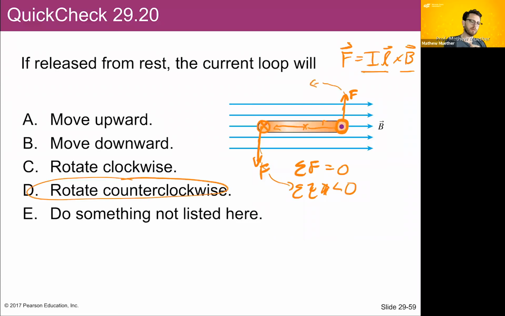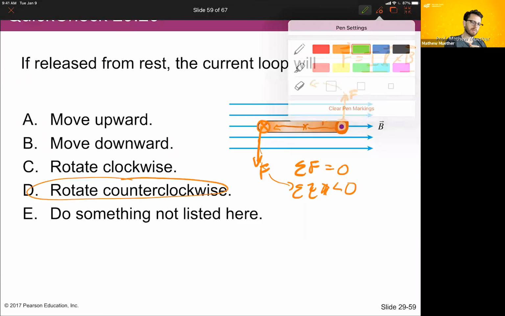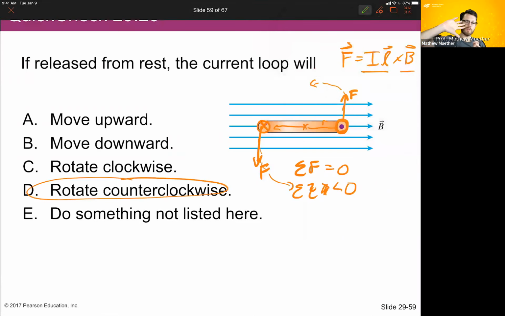An alternate way you could think about this is, we know that if I take my fingers and curl them in the direction of the current in the loop, then my thumb points in the direction of the magnetic field that's generated by that loop.